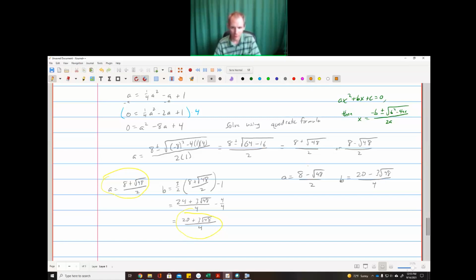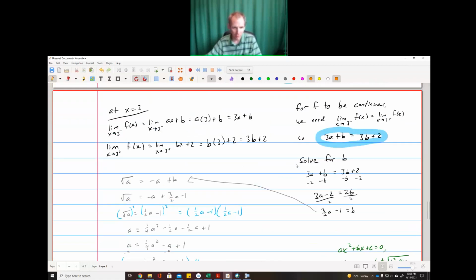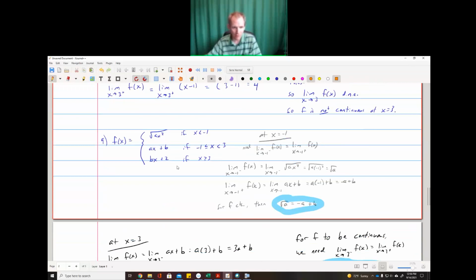The difficult thing is going to be determining whether or not these both actually work. What I want to do is check them back into my original function and see what's going on. Does that actually give me a continuous function as I go from the left and the right? Do they actually match?